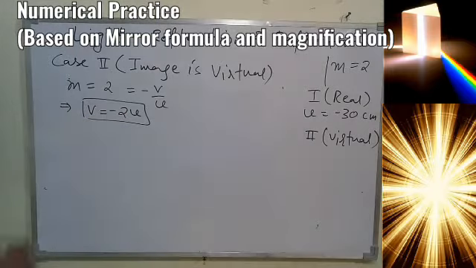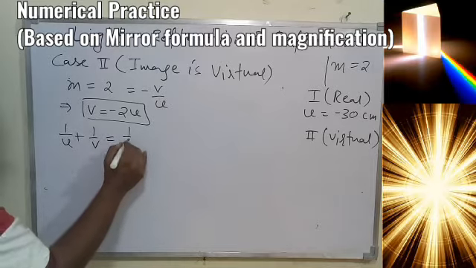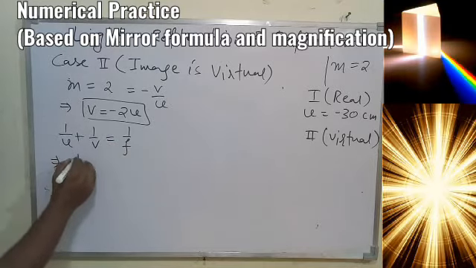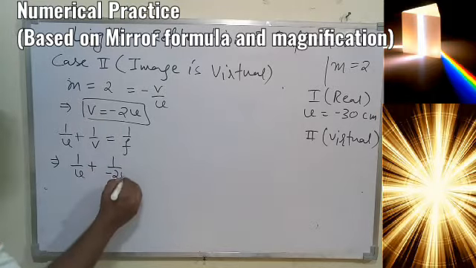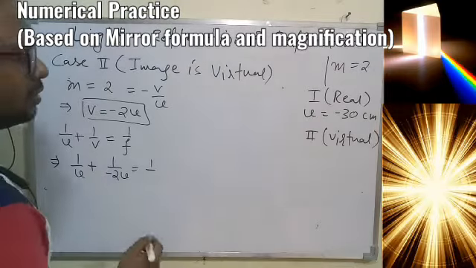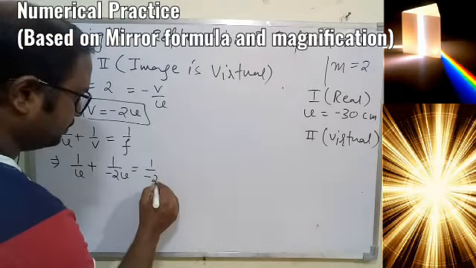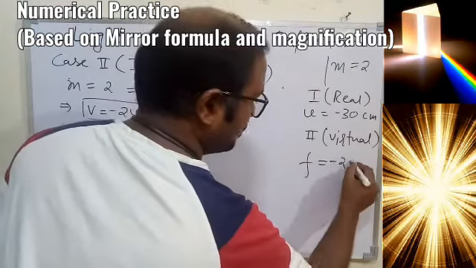From here we got this one. Again use the mirror formula and solve it. So u will be u only, v will be minus 2u, and f will be as it is, that we have taken, how much? Minus 20. So we have already taken minus 20 centimeter.